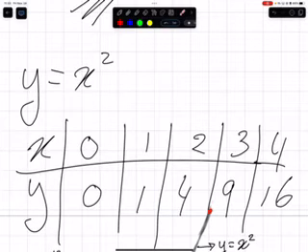For example, this one you have to do x squared. The 0, then 1 squared is 1. This is 1. Oh, I see what I did. 2 squared is 4. 3 squared is 9. You have them switched. You have x beneath and y above.